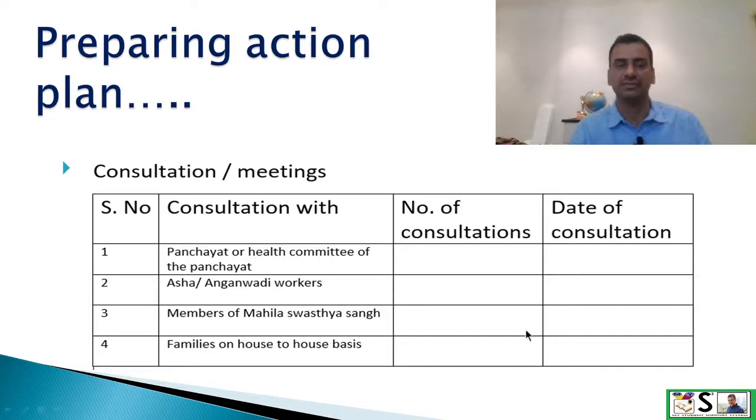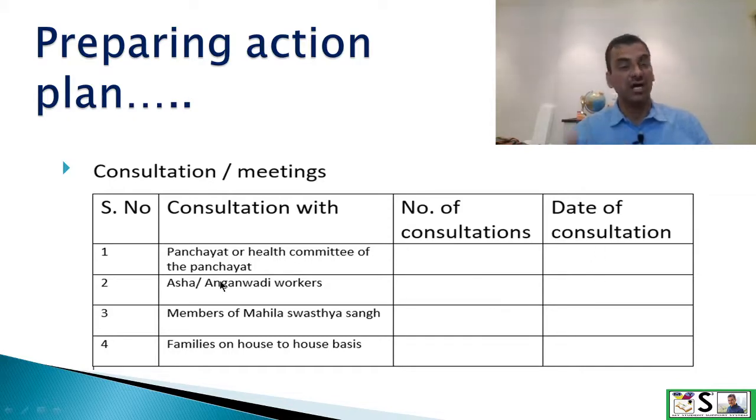So we write here, for example, Panchayat and Health Committee of the Panchayat. We write the number of consultations, meaning how many times we discussed, 2, 3 or 4, and then the date of consultation. If there are 2 or 3 meetings, then 1, 2, and the date of consultation for each meeting.